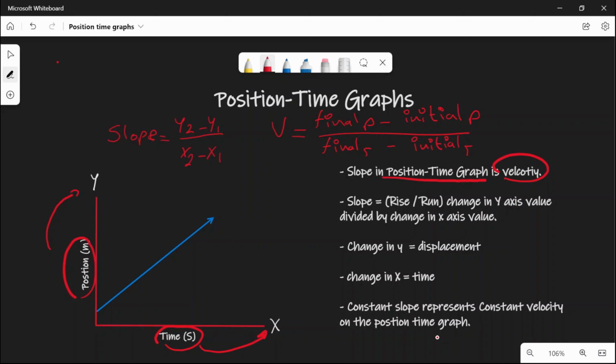Final position minus the initial position is the same as xf minus xi, and that's the displacement.